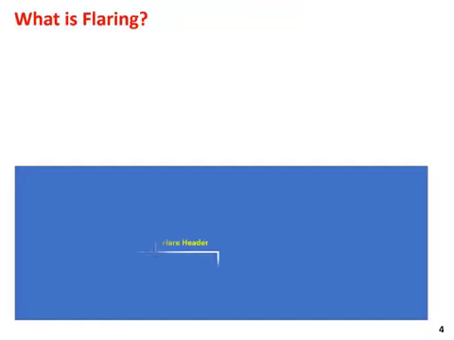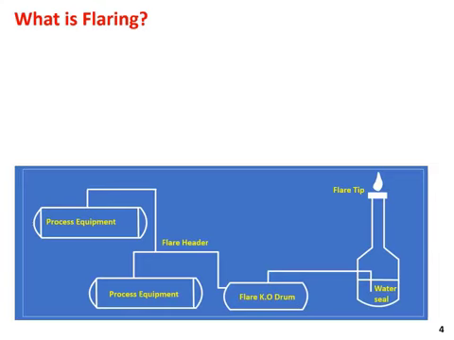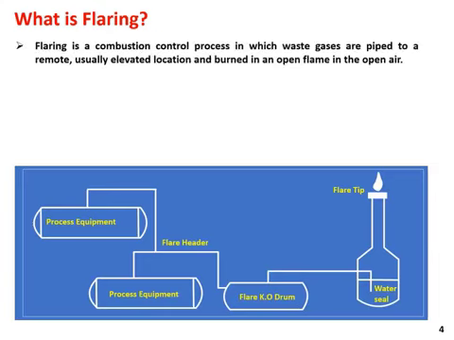So what is flaring? In this figure below, you can see how a flaring system works. We have different types of process systems. It can be, let's say, a heat exchanger.